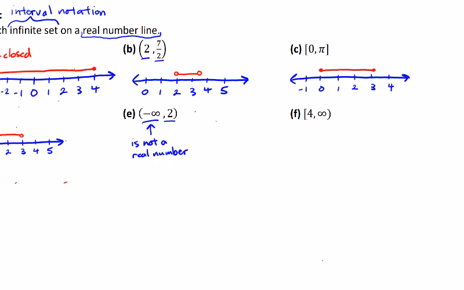The purpose of that negative infinity is to help represent that this set is unbounded, and it tells us specifically which direction it is not bounded. It is not bounded on the left side. Whereas on part F, we do have a boundary on the left side, but on the right-hand side, we don't have a boundary. So again, the purpose of this infinity symbol is not to represent a real number, but it is there to represent that this set is unbounded going to the right.